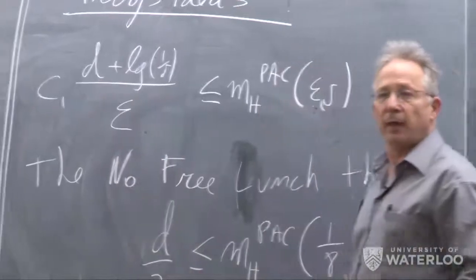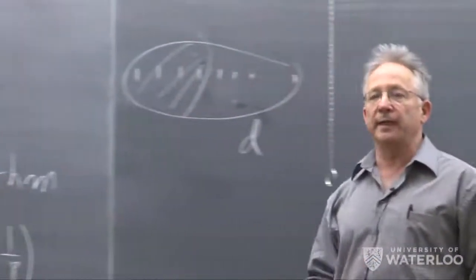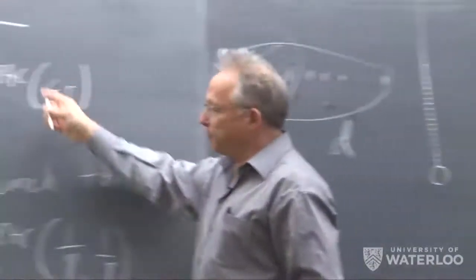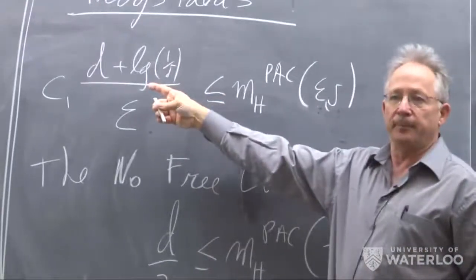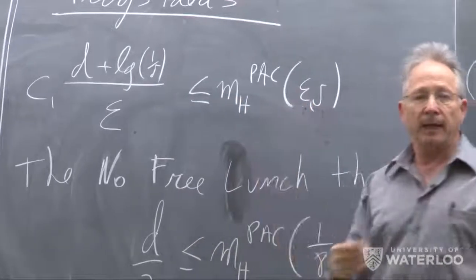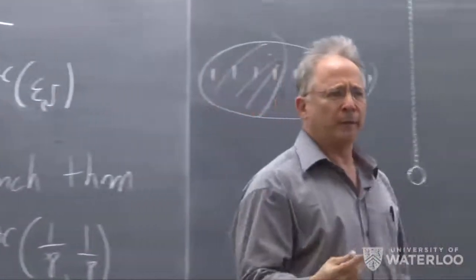But I'm asking how can we argue such? How can we prove it? Sure, the theorem implies that I will need 100 times D if I want precision 0.01, right? But what kind of argument can we use?